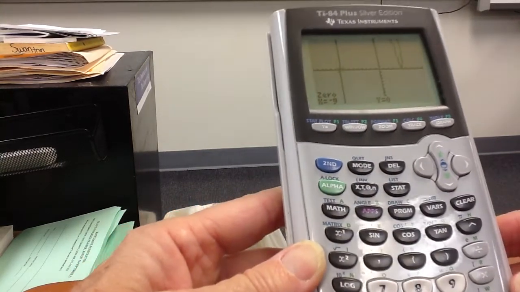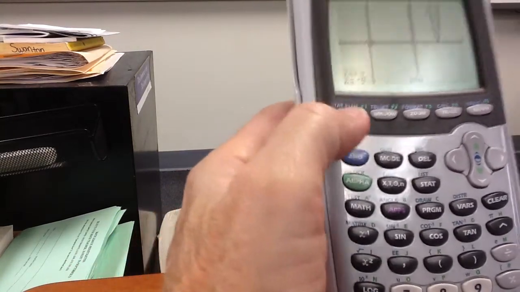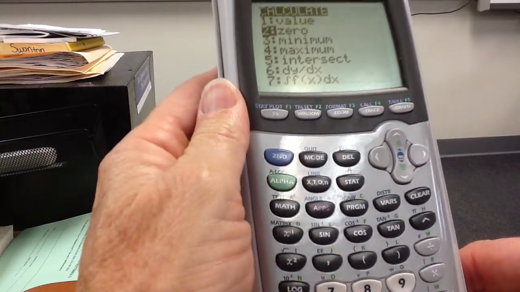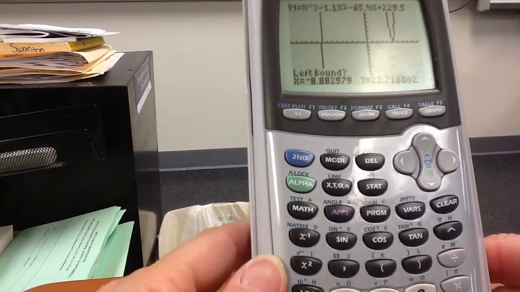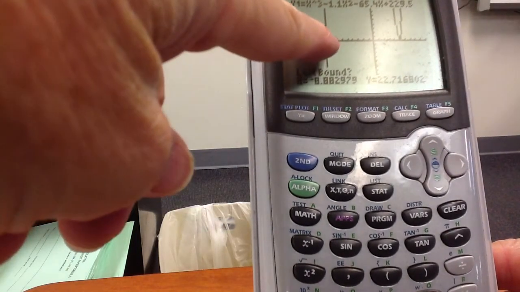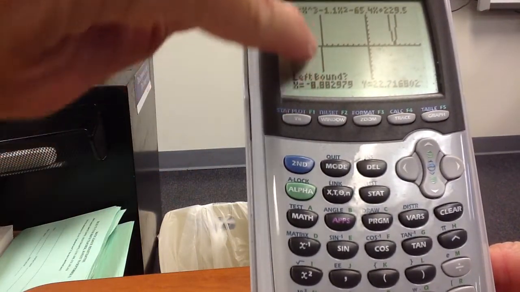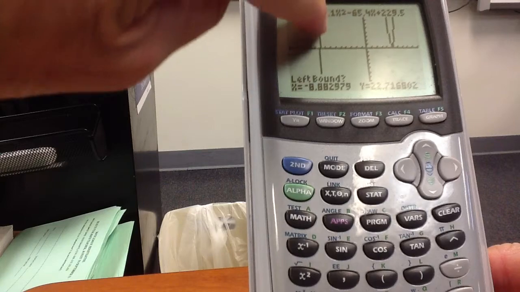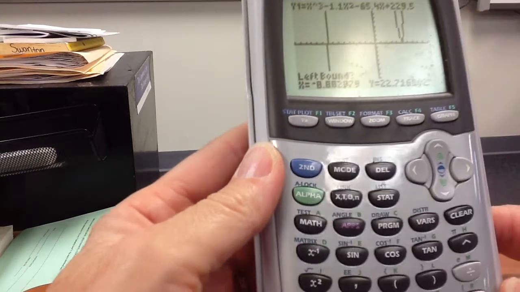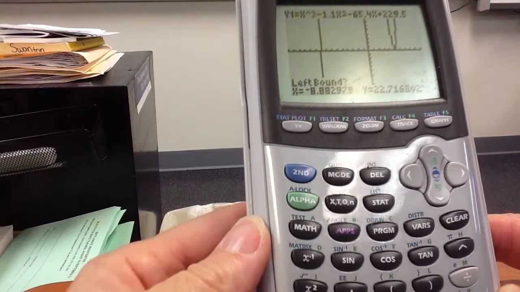Now, again, let me try to explain that to you a little bit. Let me do that over again for you. Second calc, I'm just starting all over again. Now, I know that the y values to the left of my 0, these points are to the left of it. These points are to the right of it because the curve is moving that way. So I know that to the left of that point, the y values are negative.